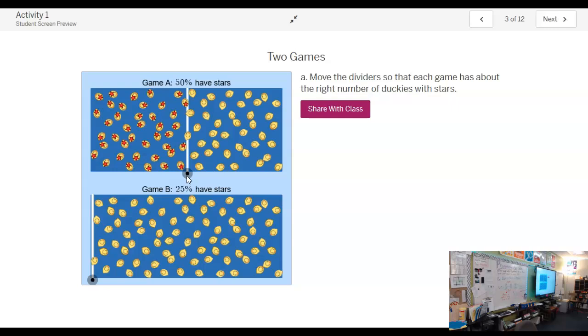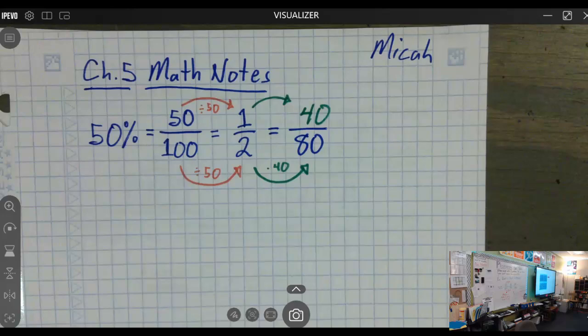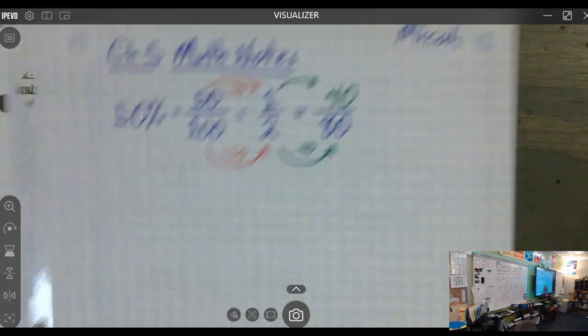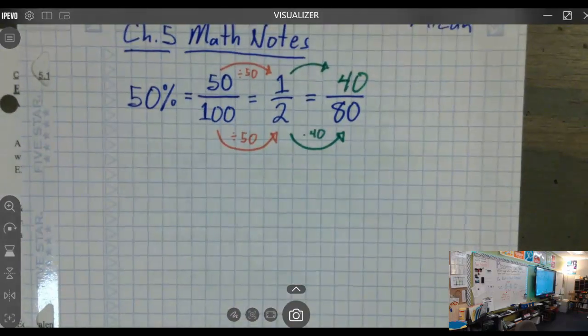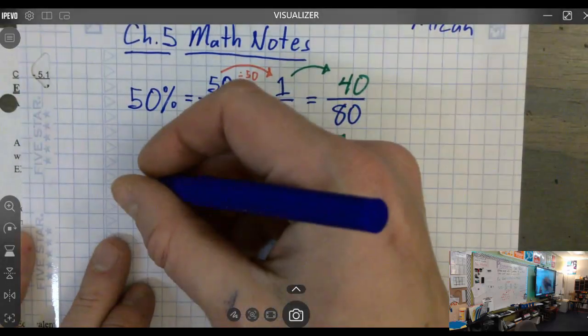So then 25%. What's a nickname, an easier fraction? What could we say for 25%? It's not a half. A quarter, right? On our paper, let's go ahead and write. I'm trying to check that I'm doing everything from the morning class.